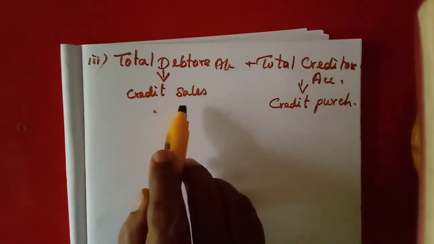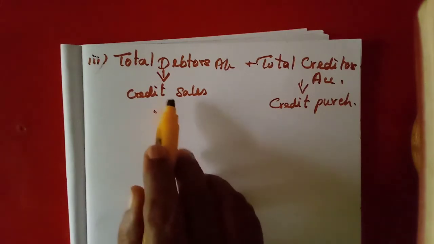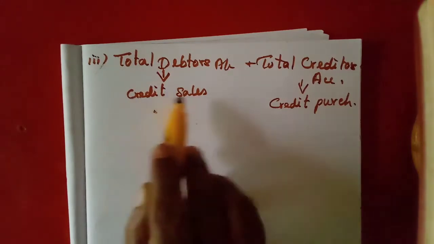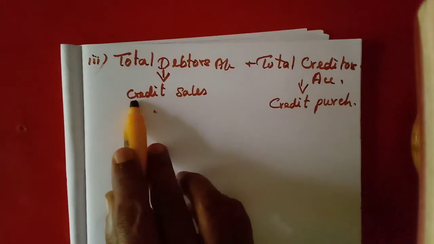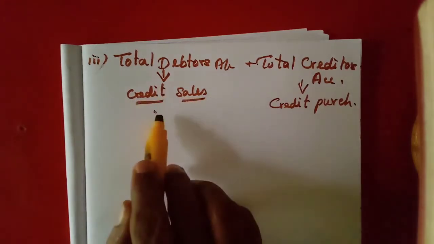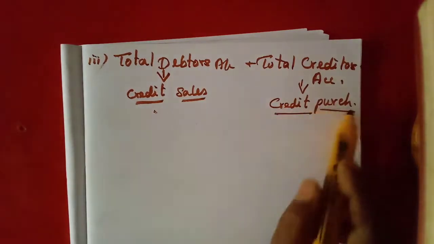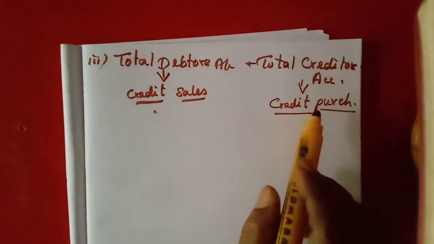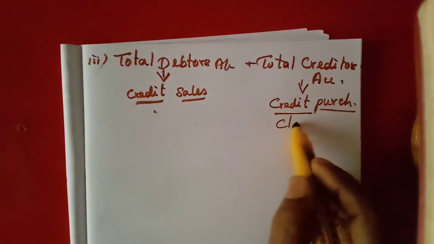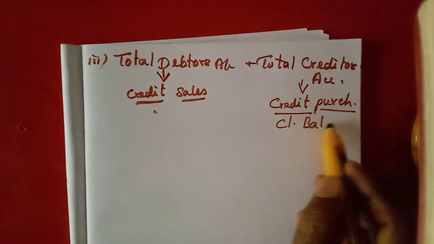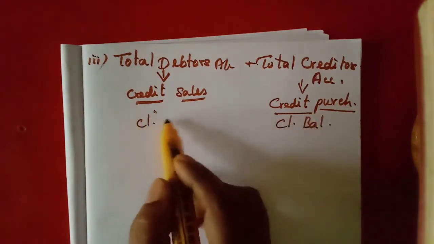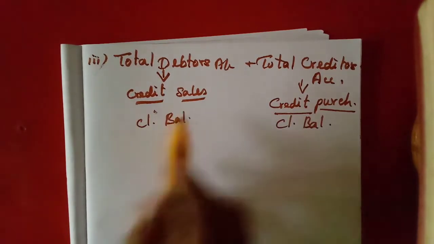We will calculate the closing balance of the debtors or credit sales. Usually, mostly we will calculate the credit sales from the total debtors account. In the same way, mainly they will ask us to calculate the credit purchases, sometimes the closing balance of the creditors account.